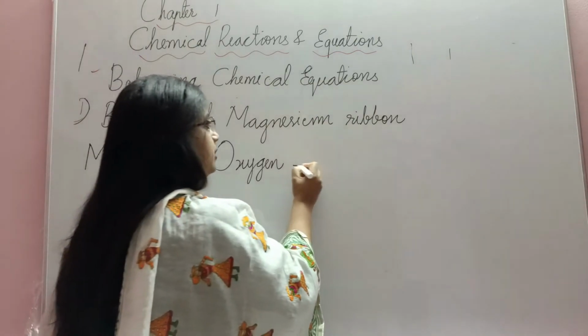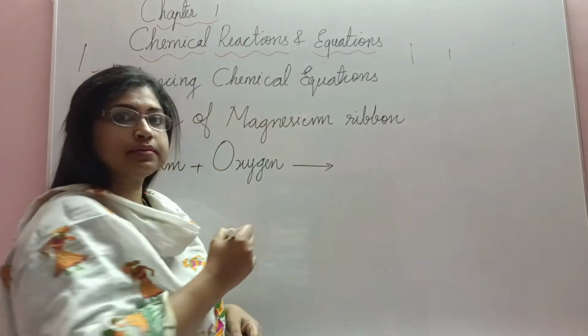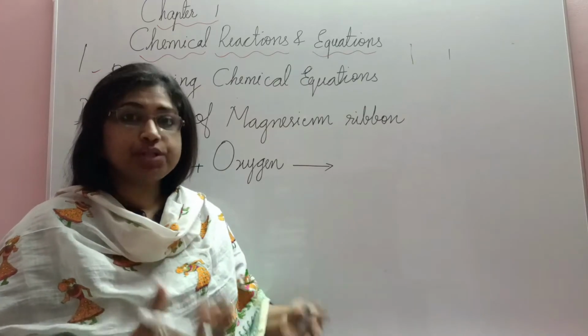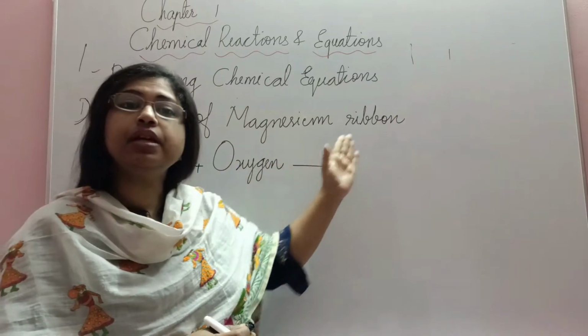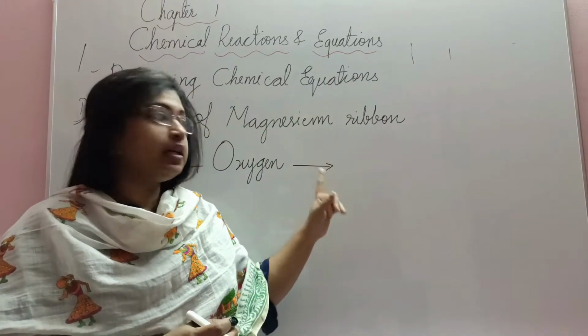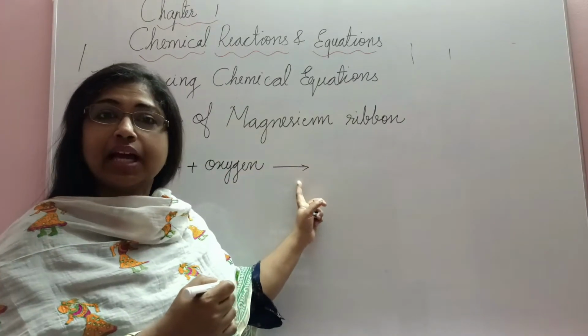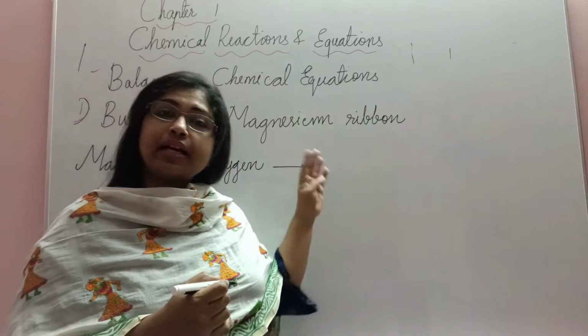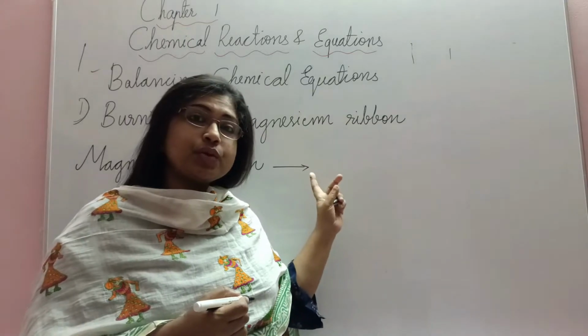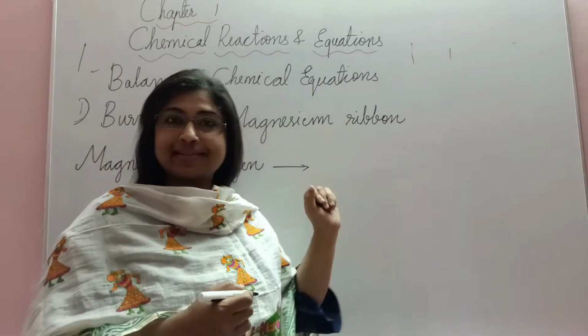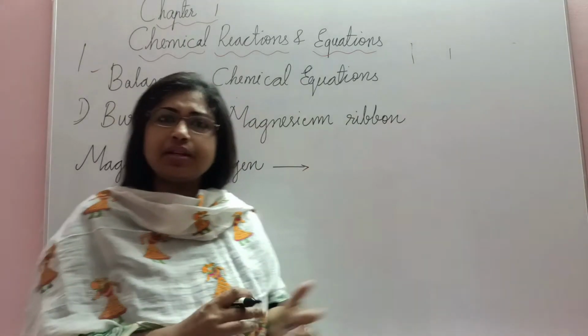Now we need to put an arrow. This arrow shows that the reactants are changing into products. This arrow represents the direction in which the reaction is proceeding, or we can say it shows the formation of products. So what is the product formed here?